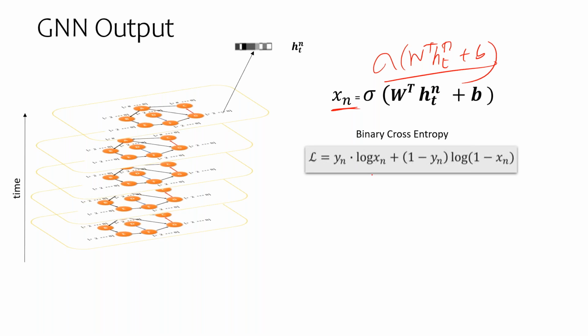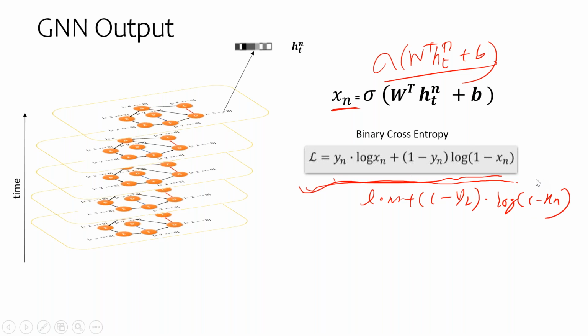The binary cross entropy for this would be yn times log xn, plus one minus yn times log one minus xn. Normally, this is what we have for any neural network model.